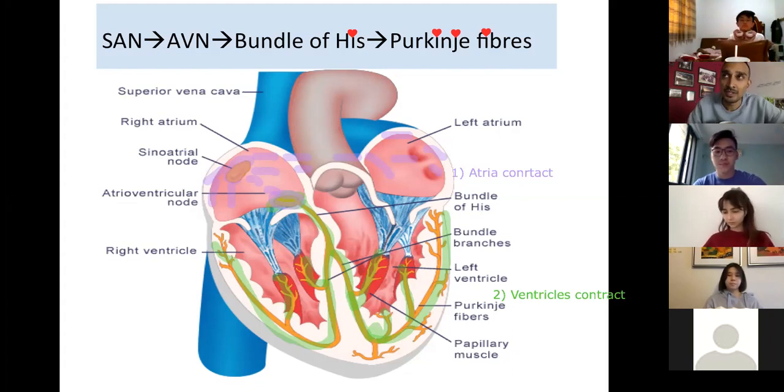Usually what the pacemaker does is detect if the SA node starts doing something erratic, and then it gives a little mini shock and resets it to go back to the correct pace. Or if it stops, it can also detect that and take over and send the shocks at the regular interval. I think there are different ways that it can work.